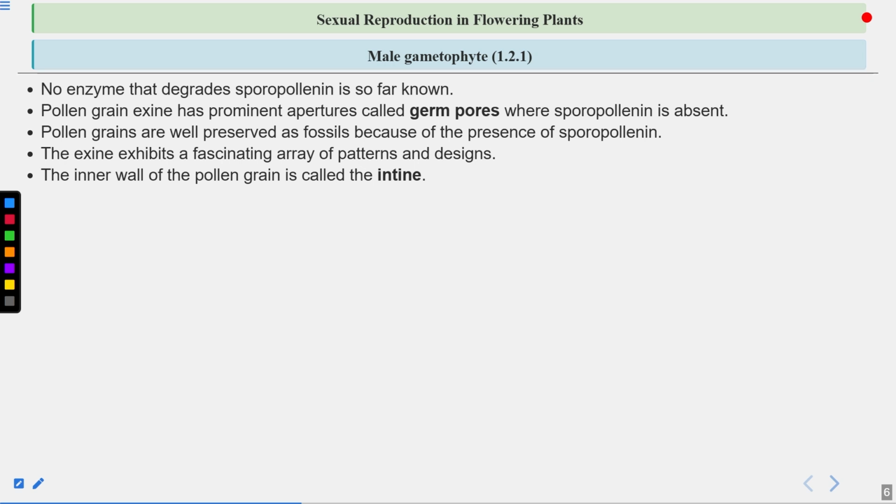And what material is it made up of? Can anyone tell me? Because we have discussed this point earlier also. Only cellulose, Govind? Only cellulose, or something else also?